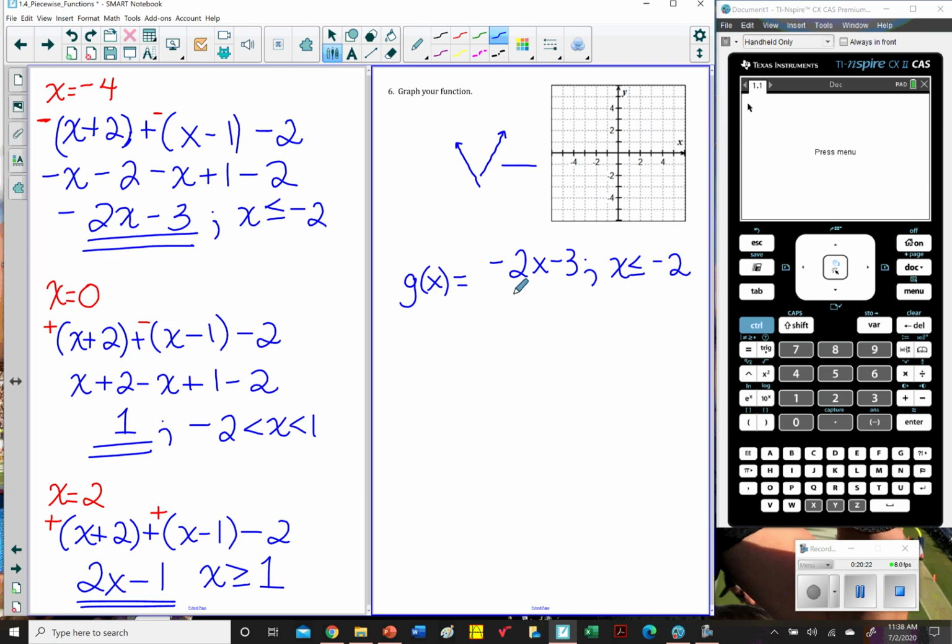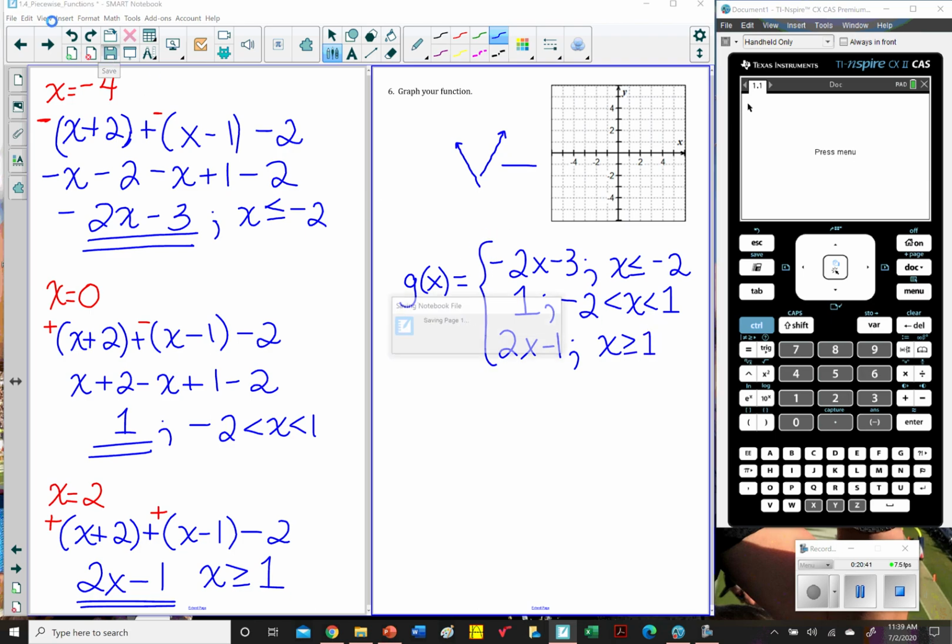Then they're going to be y equals 1 for the subdomain between negative 2 and positive 1. And then lastly, 2x minus 1 is the equation for all the values greater than or equal to 1.